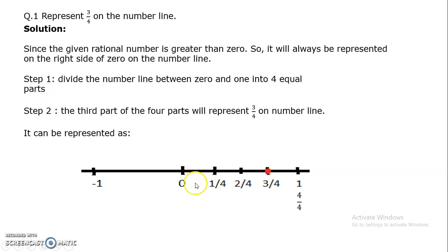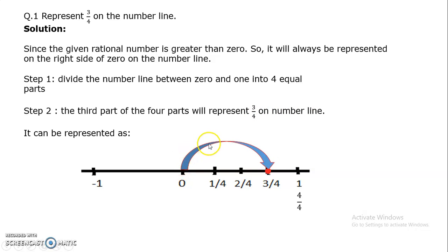So divide the number line between 0 and 1 into 4 equal parts. How will you do that? From 0, the first part is 1 by 4, the second is 2 by 4, the third is 3 by 4 and the last is 4 by 4, and 4 by 4 is nothing but 1. And step 2 is to take the third part of the 4 parts. From these 4 parts, the third part will represent 3 by 4 on the number line.